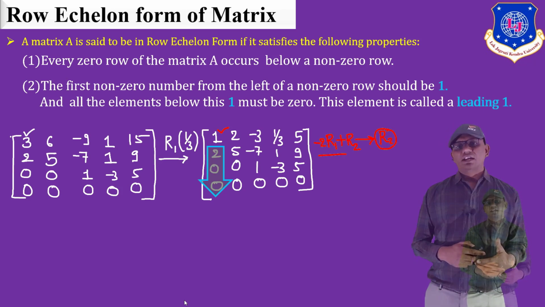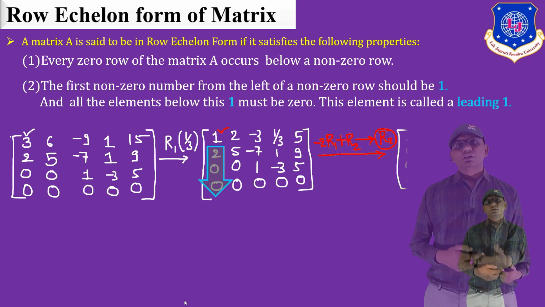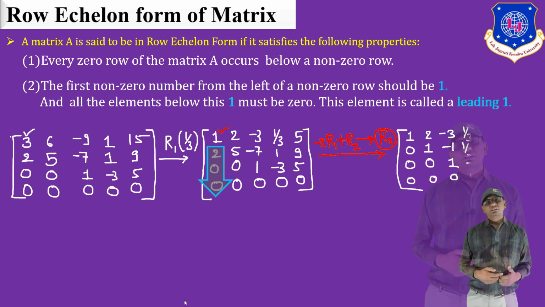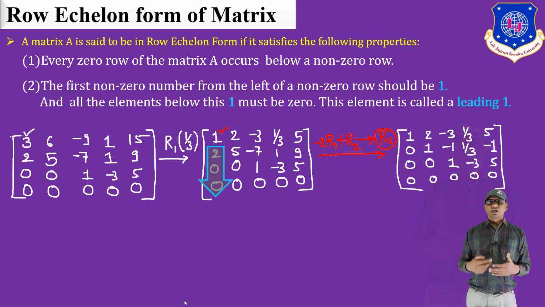Then we finally get 0 in place of 2 in the second row. The other rows are as they are, and the second row will be 0, 1, -1, 1/3 and -1. So that is the perfect form according to the previous two conditions: all the zero rows are at the bottom of the matrix and all the first non-zero entries in the rows from the left side are 1.